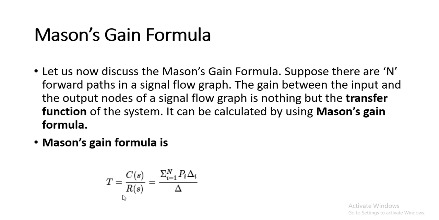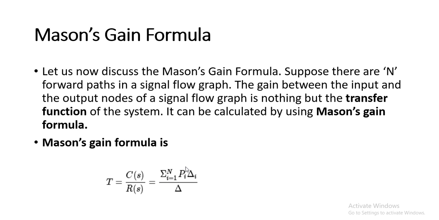Okay, so the equation is denoted like this: T, or the transfer function, is equal to C(s) by R(s), which is equal to the summation from i equal to 1 to n of Pi into delta i, divided by delta, where we have seen that n is nothing but the number of forward paths.